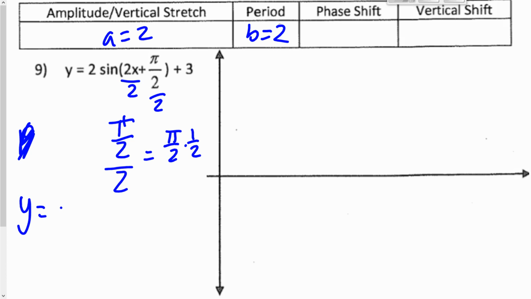So we can really write this equation like this. Let's put sine: 2 times sine of 2 times the quantity x plus pi fourths, and then we add 3. Right, so that's the same equation right there.